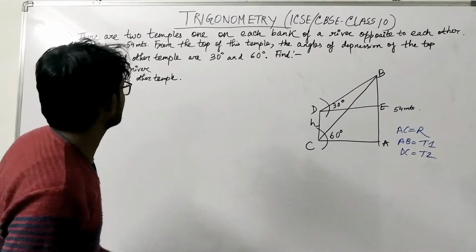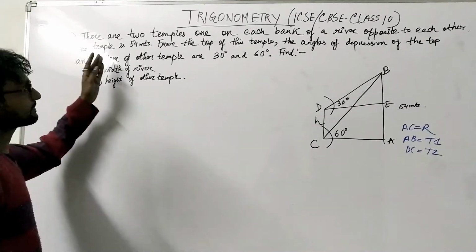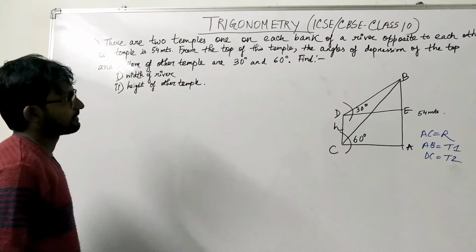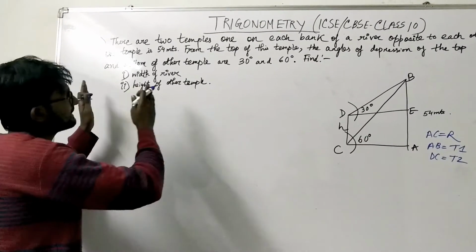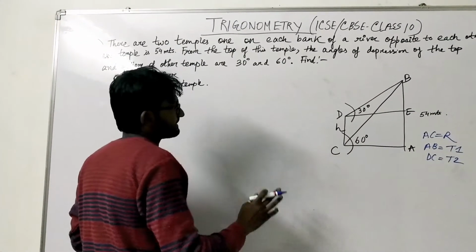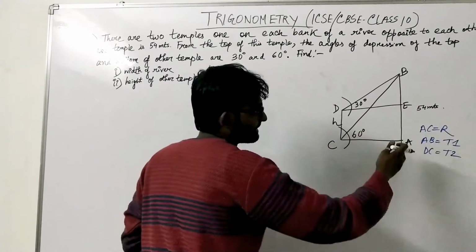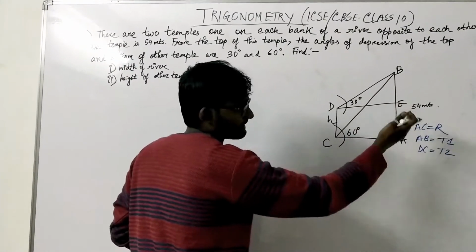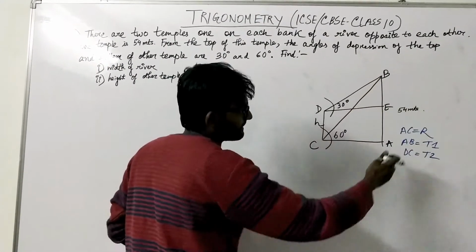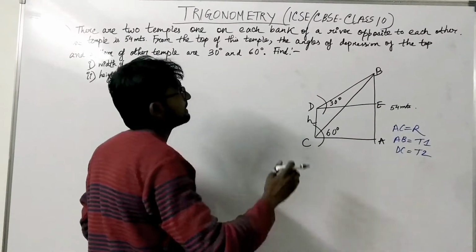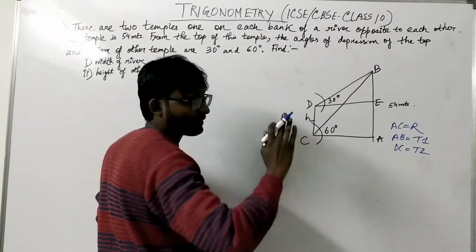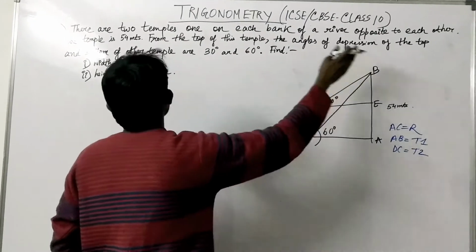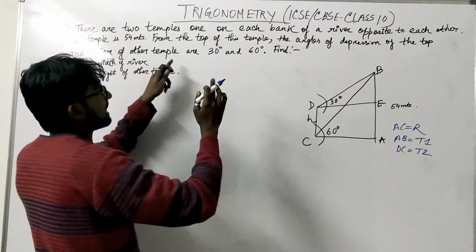So now what is the next part? One temple is 54 meters. From the top of this temple, the angles of depression. So I have considered the temple with height 54 meters as AB, that is temple 1. From the top of that temple, we see the top and bottom of the other temple.